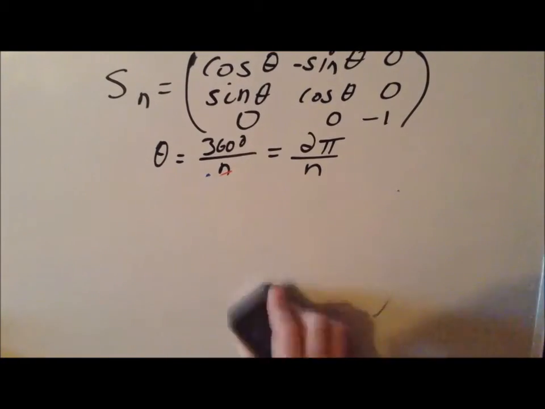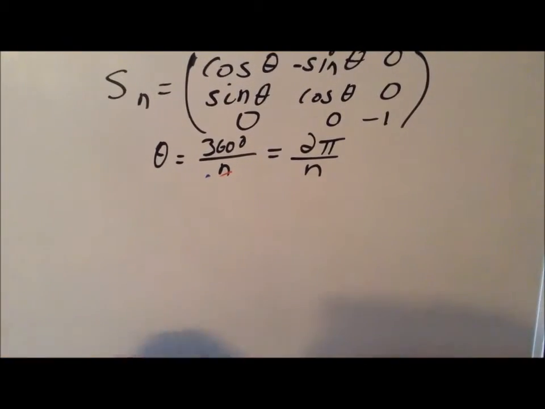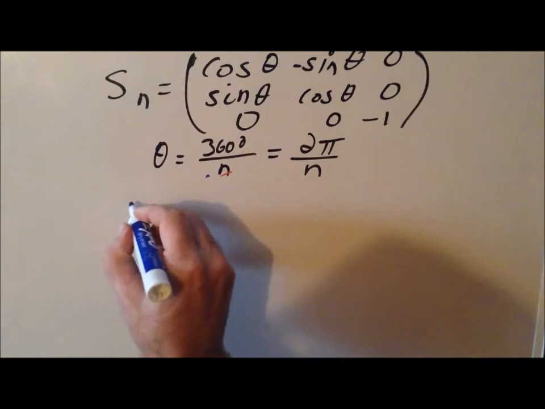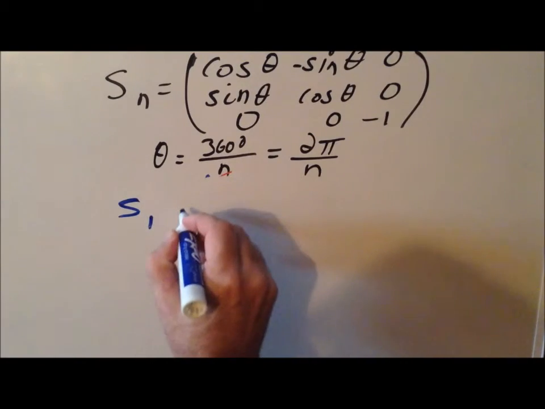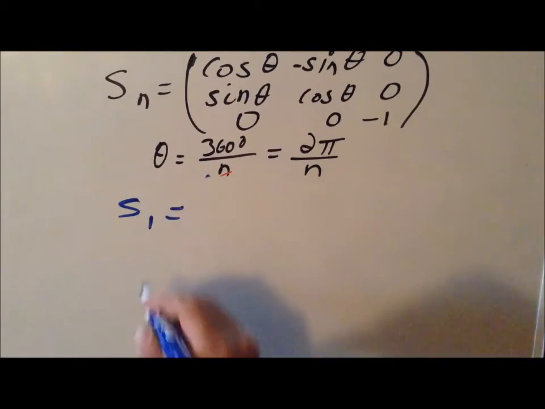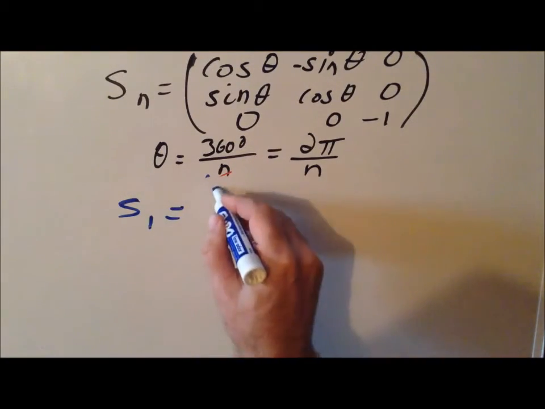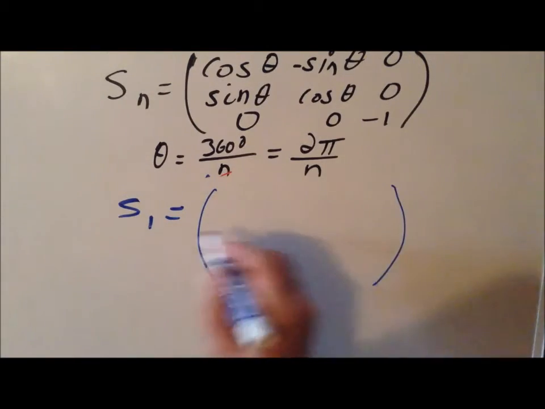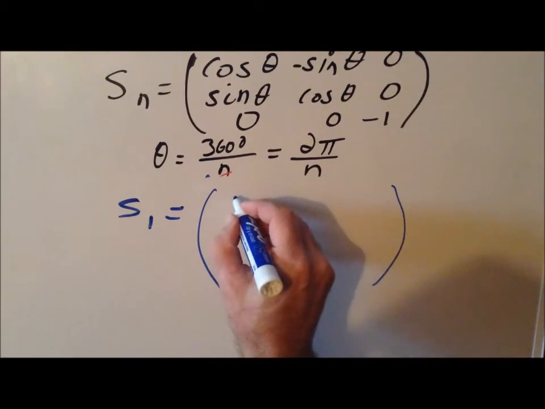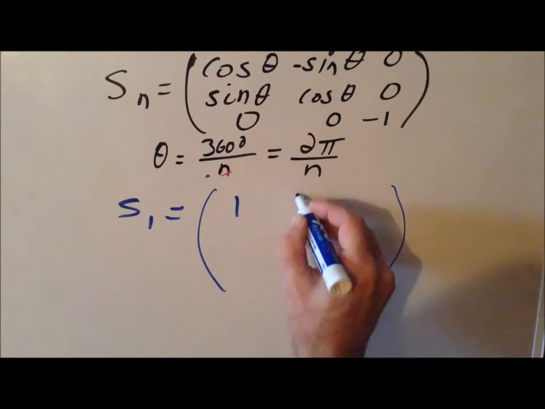So for the first special case, let's look at S1. S1 is going to be exactly like C1 for the x and y position. Recall that for C1, it's just like E, so that's going to be 1, 0, 0, 0, 1, 0.